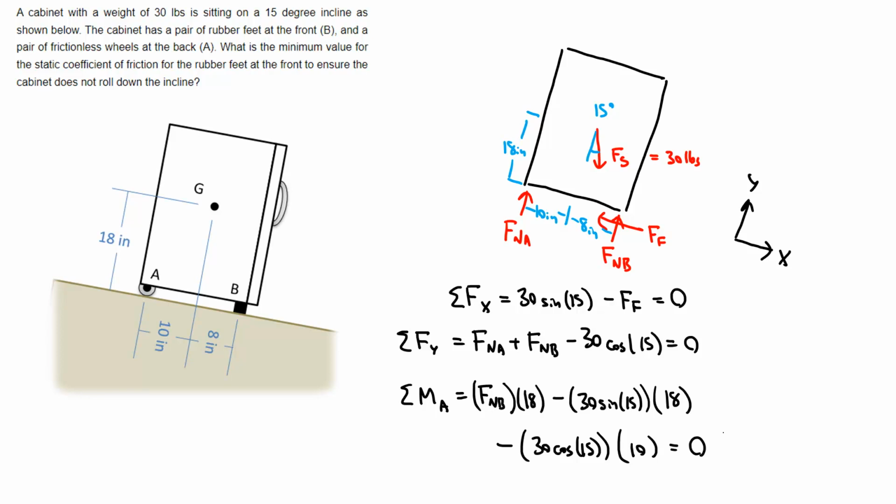All right, so that is our sum of forces in the x, sum of forces in the y, and sum of moments. I'll notice that there's only FNB in the moment equation, so I can basically take the moment equation and solve for FNB.